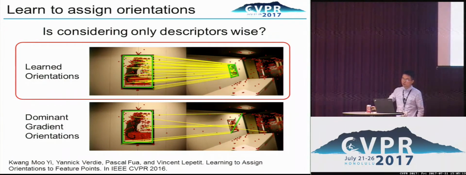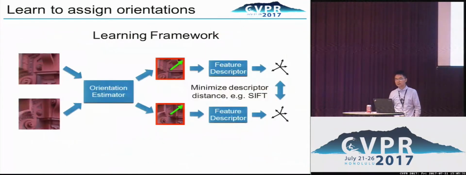This has also been pointed out in previous works about rotation invariant descriptors. As a result, instead of the dominant gradient orientations, they have proposed a CNN architecture to learn the orientations of feature points. This is the learning framework of their method.